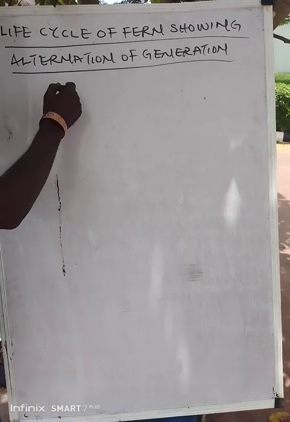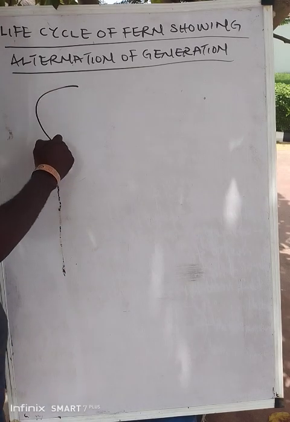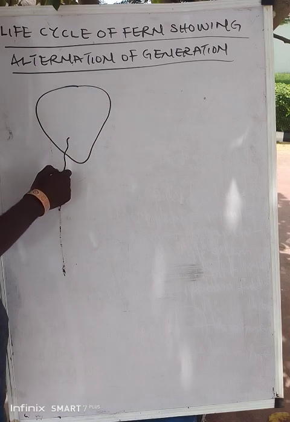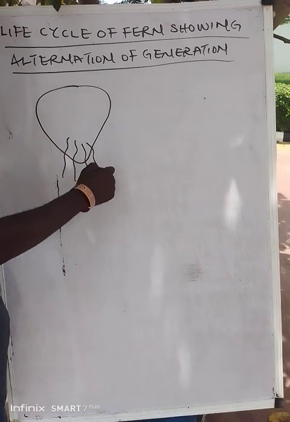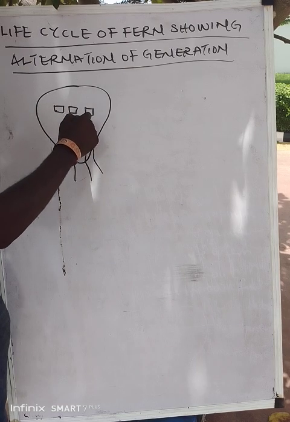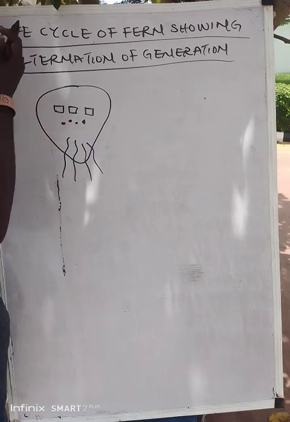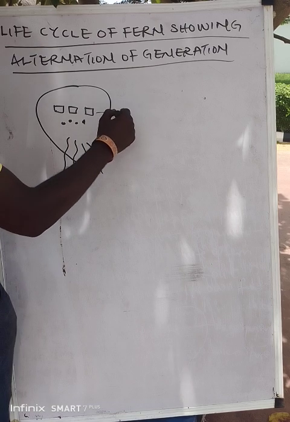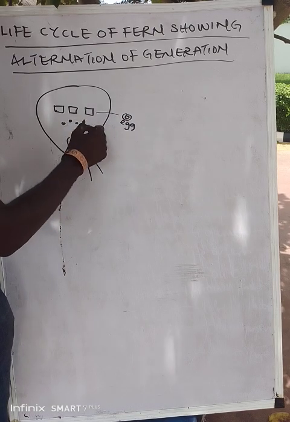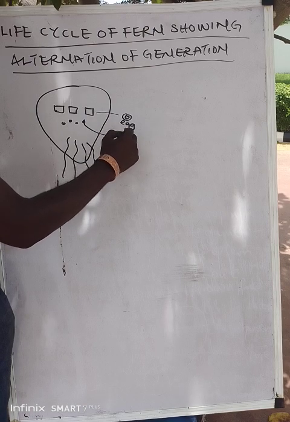The gametophyte is like a heart. Is the rhizoid, is the megaspore, while these are the microspore. So if the megaspore produces egg, while the microspore produces sperm.